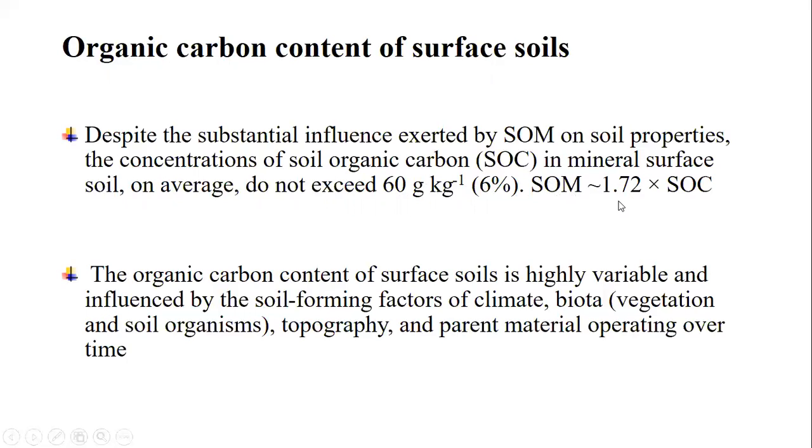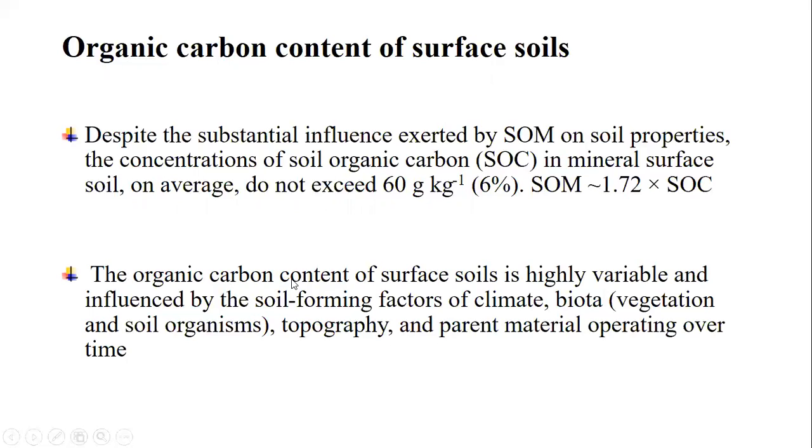You should be able to find out why we multiply soil organic carbon by 1.72 to obtain the soil organic matter. If you have problems later, you can ask me, but try to find out yourself. Where does this number come from? It's logical and simple. We talked about it, especially when I taught the laboratory of soil chemistry and fertility.